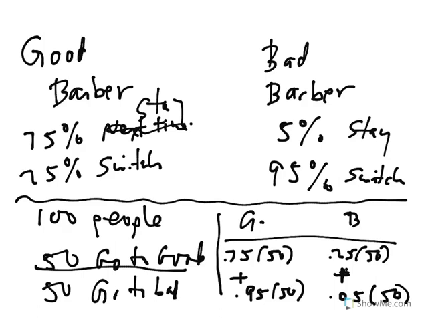Now, if you calculate this out, you end up with 85 people that go to the good barber, and only 15 go to the bad barber.